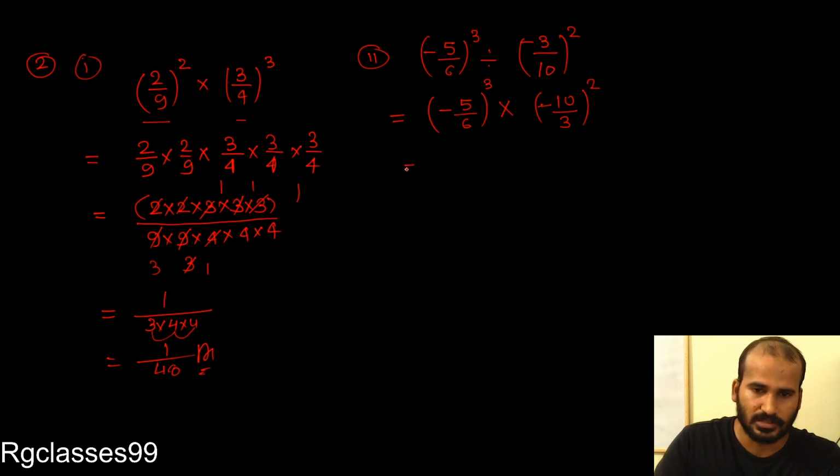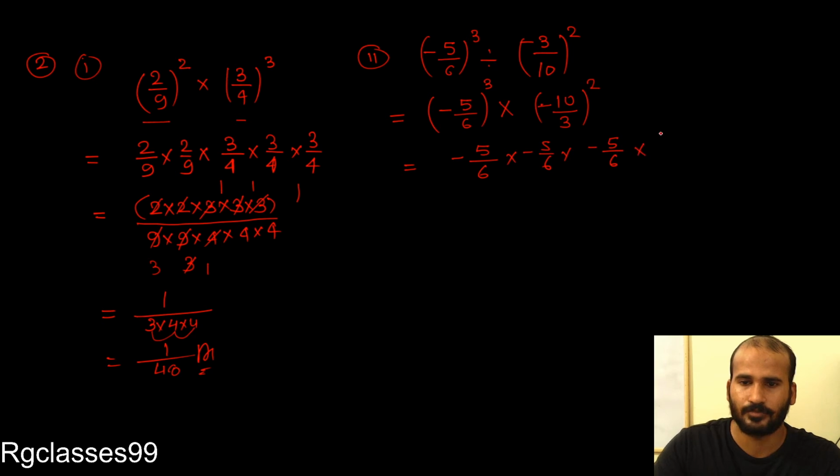Now write this value here: minus 5 by 6 into minus 5 by 6 into minus 5 by 6 into minus 10 by 3 into minus 10 by 3. Clear, students? Good.